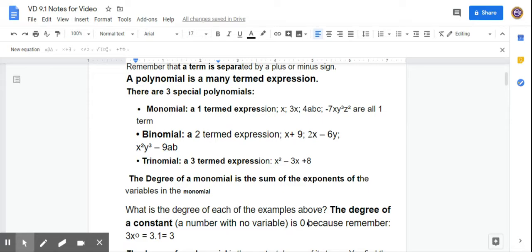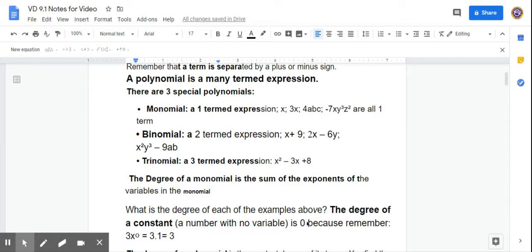Okay, so what is the degree of the example above in the monomial? So x has an exponent of 1, so its degree will be 1. 3x, the variable is x. Again, it has an exponent of 1, so its degree will be 1.